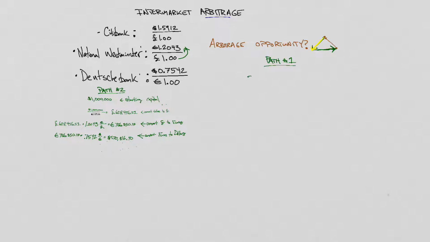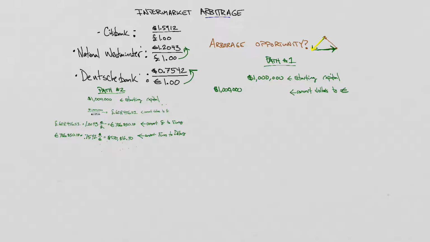Path number 1 is still going to start out with $1 million in starting capital, but this time it's going to convert dollars into euros. If this is the rate of euros per dollar, then going from dollars to euros, we're going to multiply 0.7542 at the Deutsche Bank rate. Actually, sorry, we're going to divide, because if you see, we multiplied here, and that went from euros to dollars.